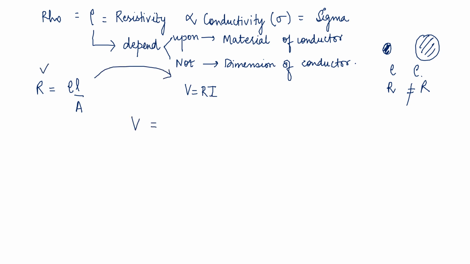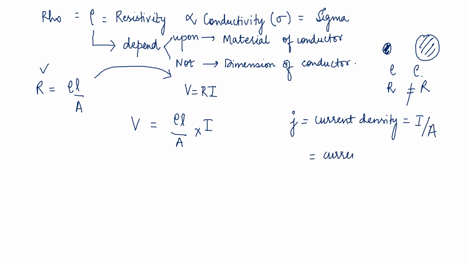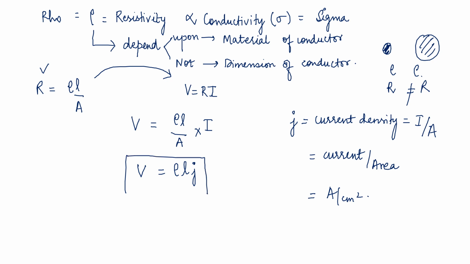We will get V equals rho L upon A into I. From here in this equation we got J, which is current density, which is written as I upon A. So we can say that current density is current per unit area with a dimensional formula of ampere per centimeter square. So voltage is equal to rho L into J, where J is our current density.